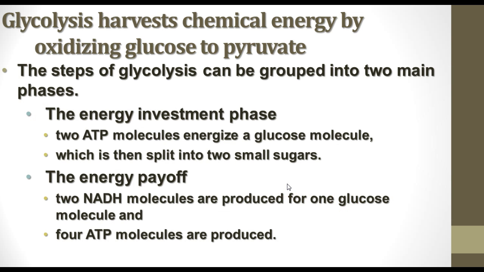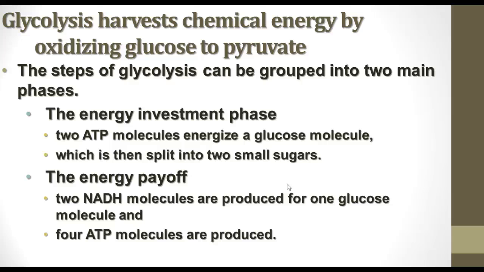So we have two main phases of glycolysis. We have an energy investment phase where we're going to put some energy in, and the energy payoff phase, in which we're going to gain some ATP. It's going to take two ATP molecules to energize the glucose molecule to go through the process of being split.